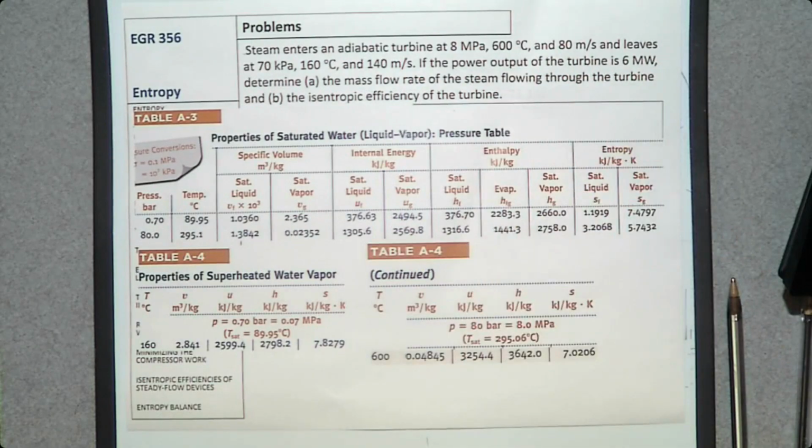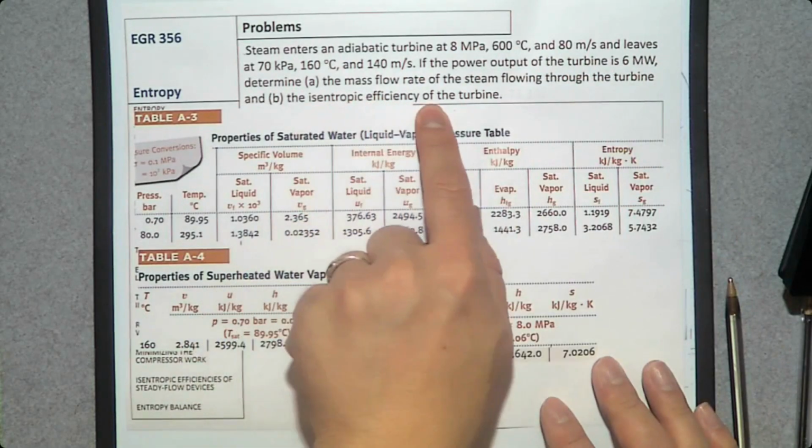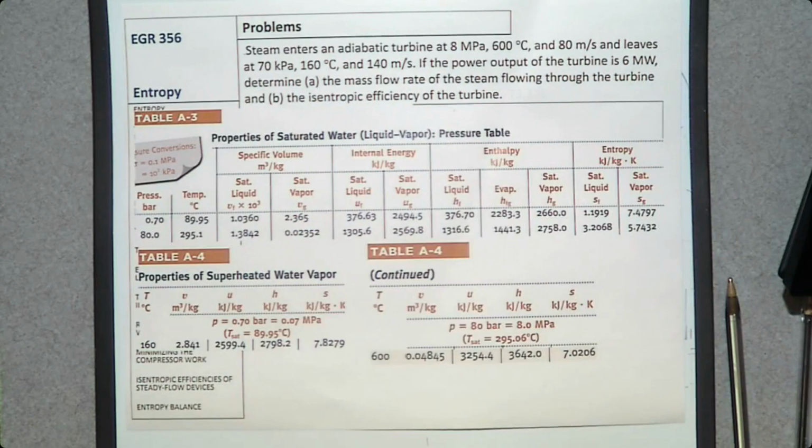Then we are going to calculate the isentropic efficiency of the turbine, which means we need to calculate the power output of not the actual turbine, but an isentropic turbine that has the same inlet condition and the exit condition. So that's what we are going to do.